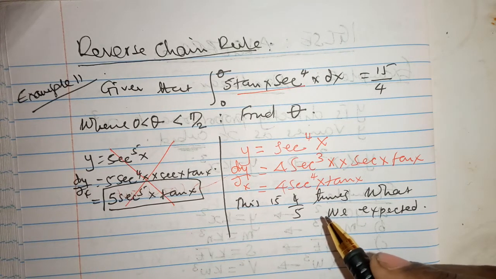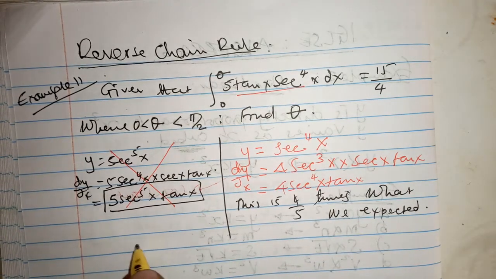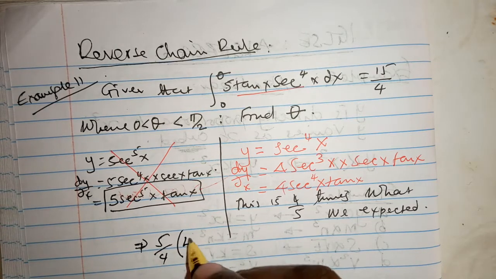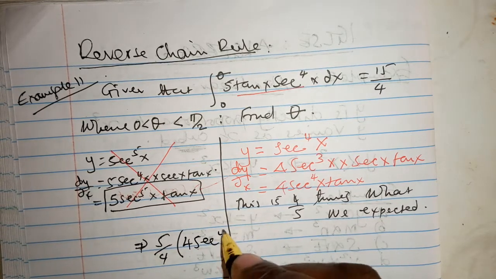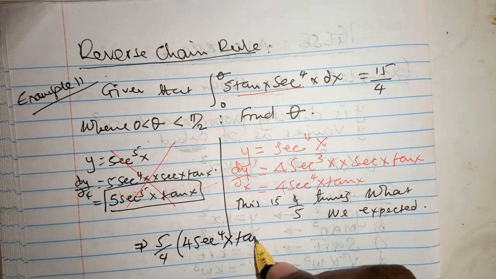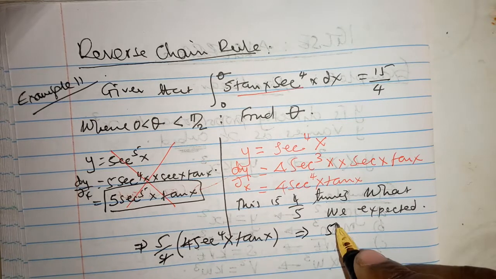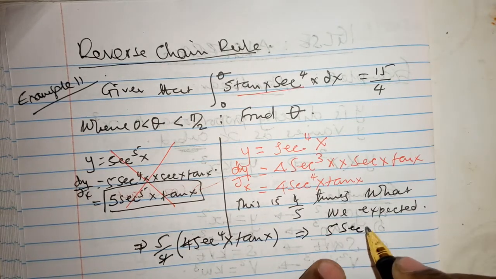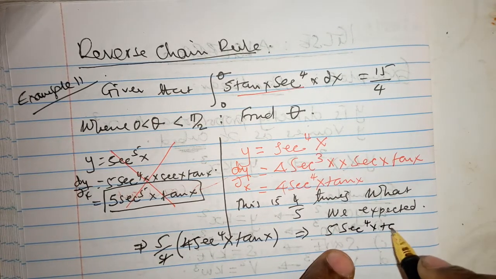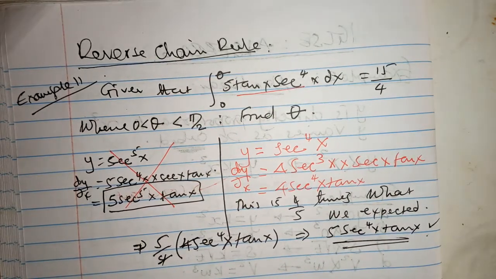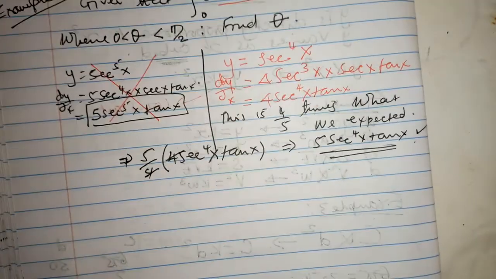So 5 over 4 multiplied by 4 sec 4x tan x, the 4 and the 4 go away, so it's 5 sec 4x tan x, and that is what we expected.